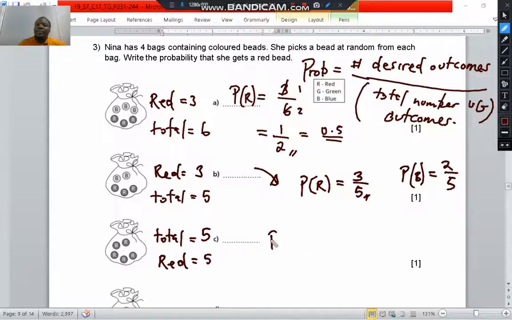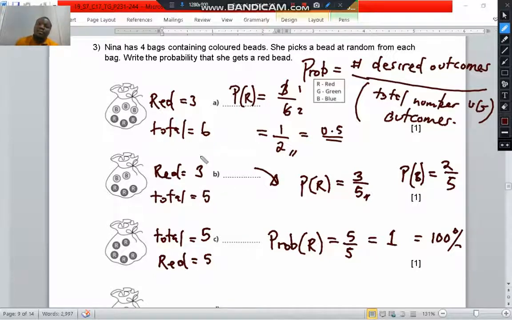So the probability of picking a red bead is going to be equal to 5 over 5, which is 1. So there is a 100% chance that you can pick a red bead in the third bag because there is no other color for any bead. Whenever you dip your hand in that bag, the only color you are going to get is a red bead. That's why it's 1. So this means there's a 100% chance that you pick a red bead from there.